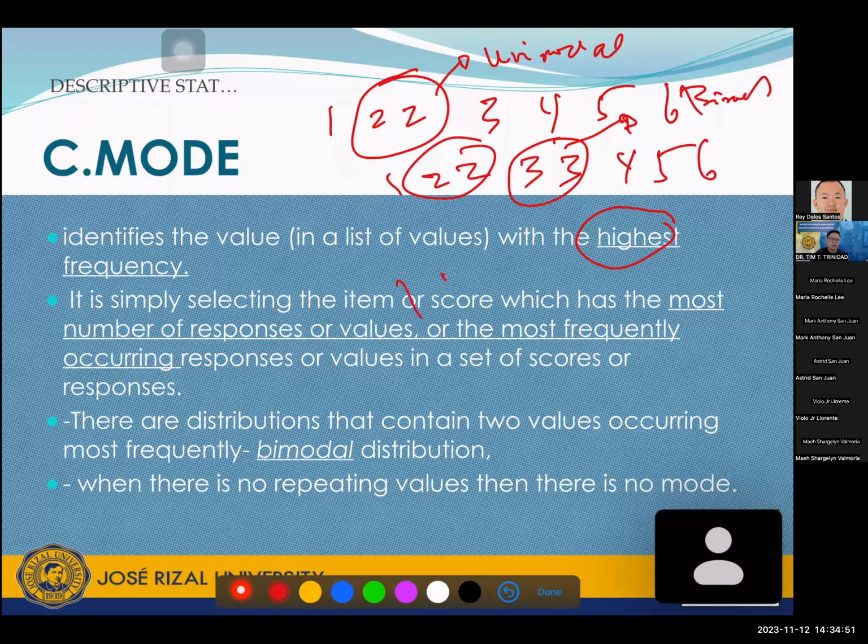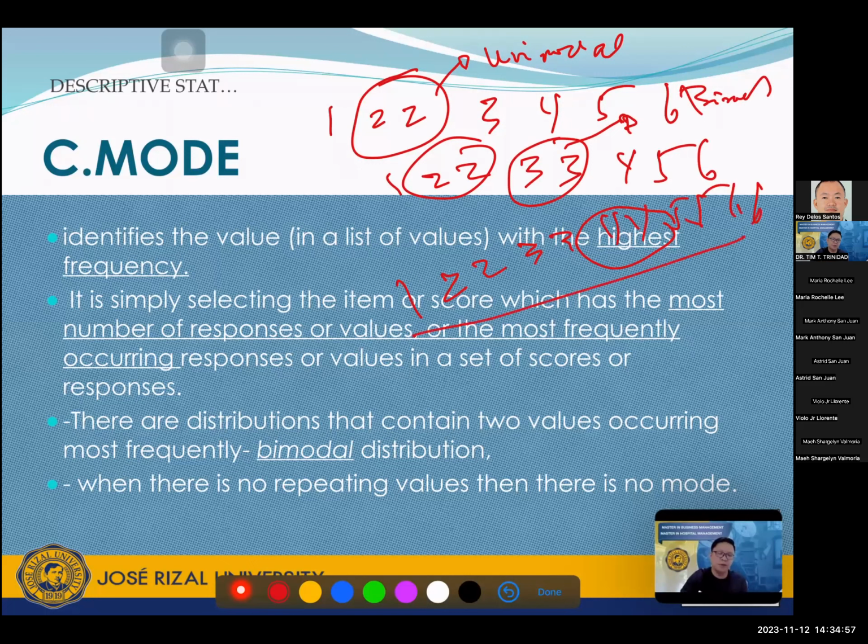1, 2, 2, 3, 3, 4, 4, 5, 5, 6, 6. How would you call this one? How many modes? Multimodal. Okay, very good.